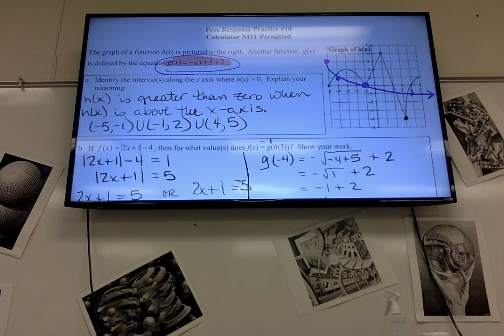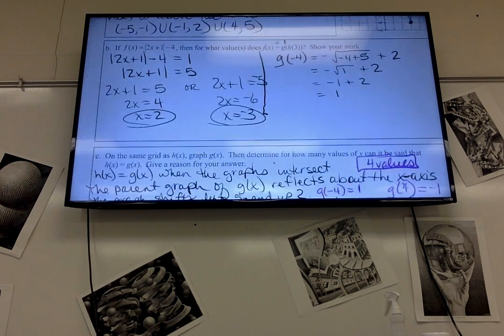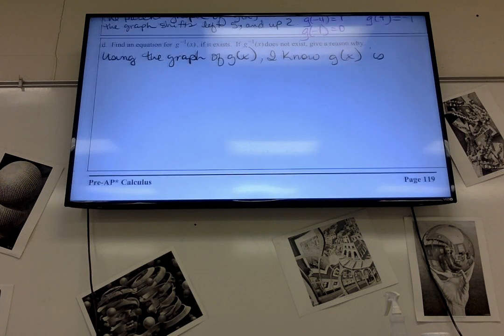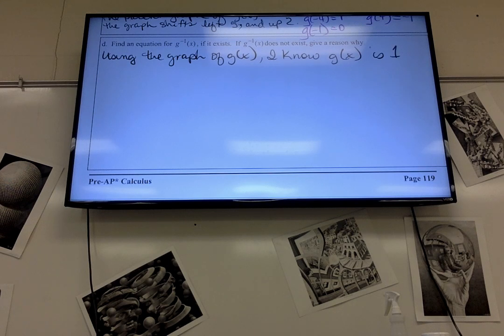So g of x is that purple graph. And so I can say, using the graph of g of x, I know g of x is, I think I answer this different every time, which is fine, as long as you have that.